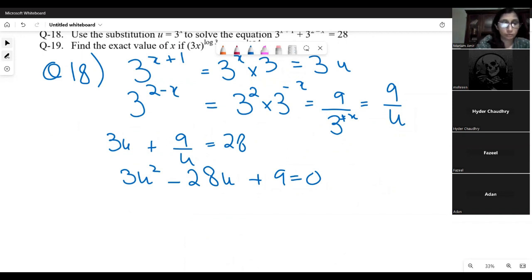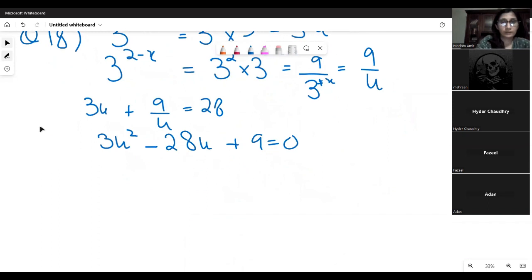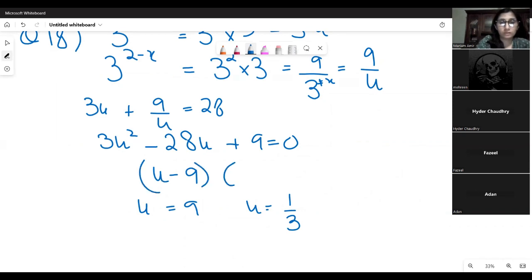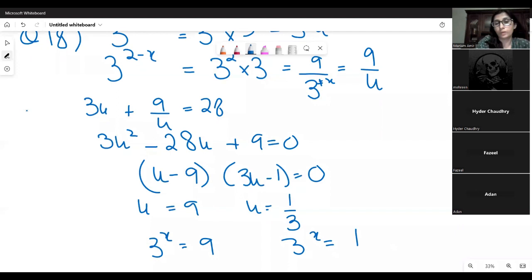Yes, we can. u equals 9 and u equals 1 by 3. One step backwards: u minus 9, 3u minus 1 equals 0. Replace u with 3 power x. 3 power x is equal to 1 over 3.